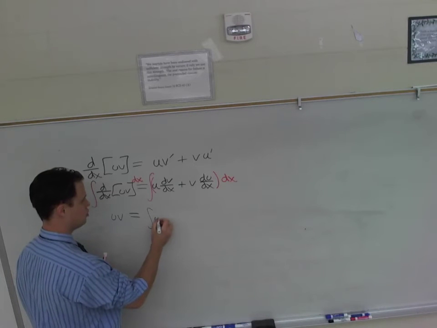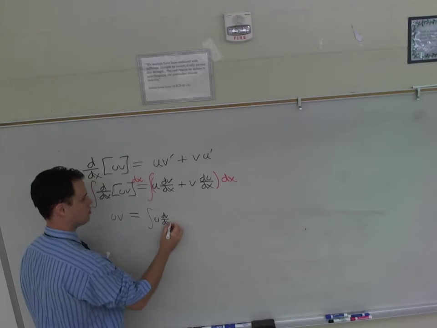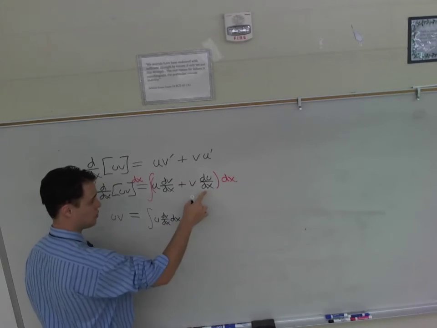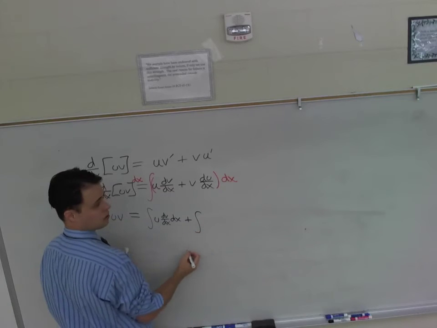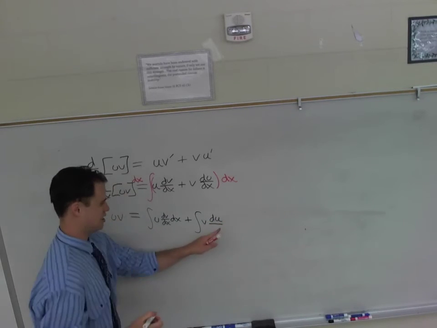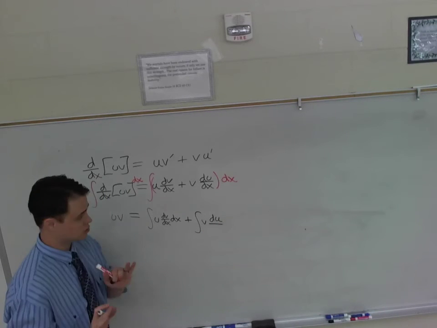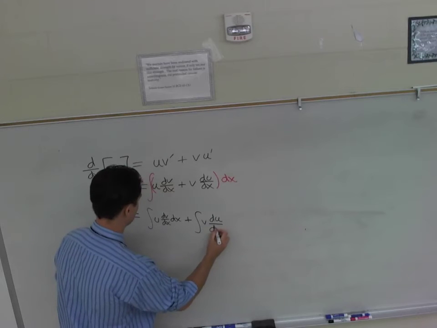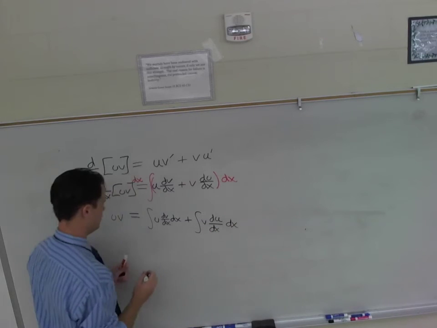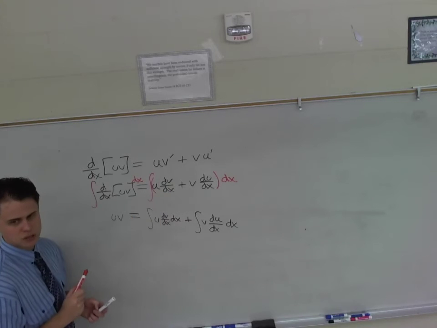So this is u, help me out. dv/dx dx. And this one, v, du/dx dx. Make sure you put a tail on your u's when you're doing this so you don't mix up u's and v's. Just my advice. This is where I really liked writing it with Leibniz's notation.